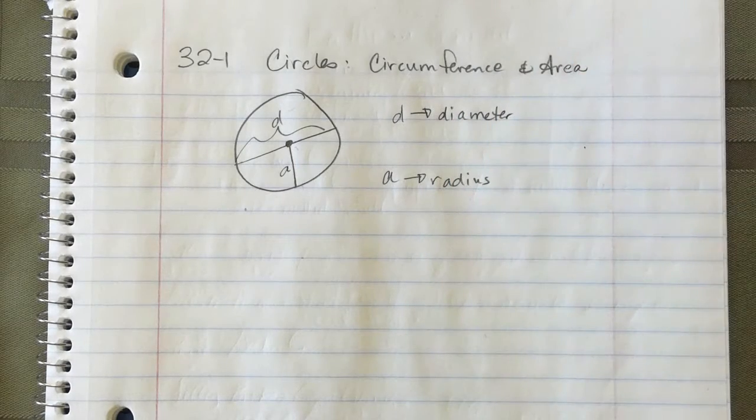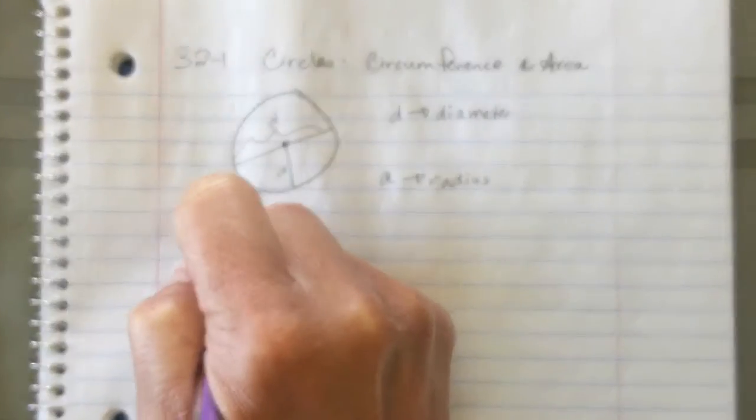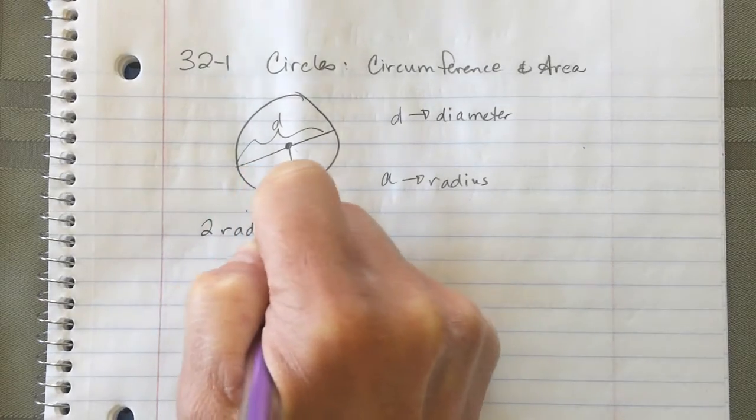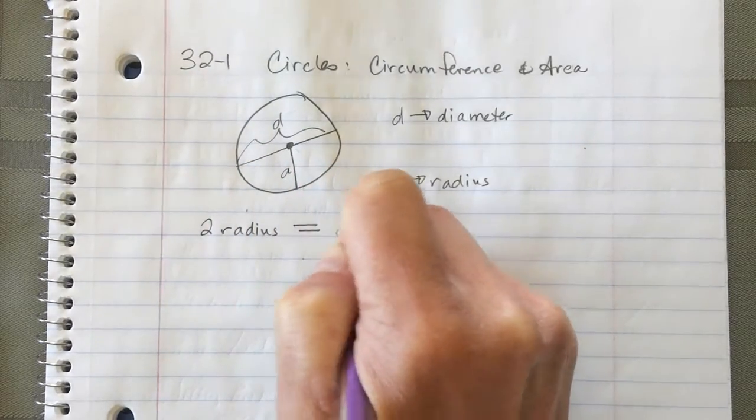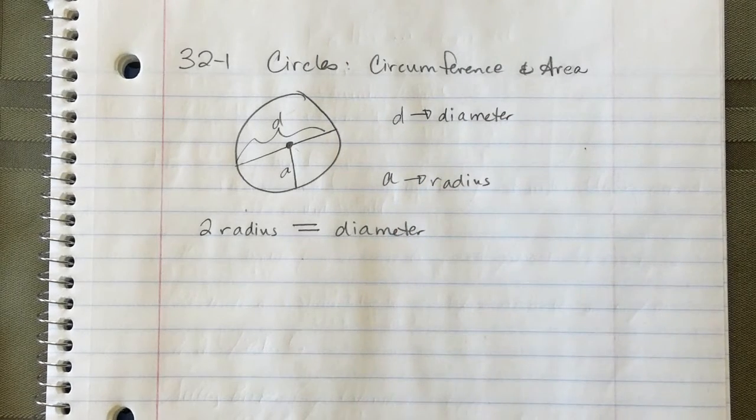A diameter goes from edge to edge and has to hit the center of the circle. So when you think about diameter, think about like the whole width. When you think about the radius, you're thinking about half of the width of the circle. So remember that if we were to say 2 times the radius, that equals the diameter, that's a handy little piece of information for us to have.